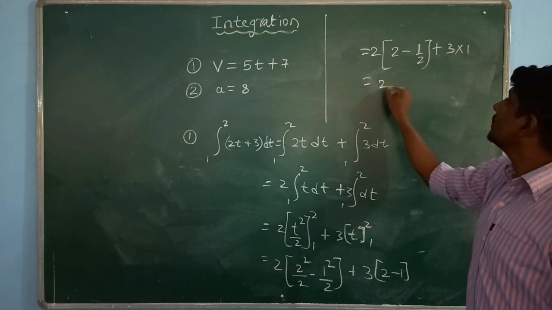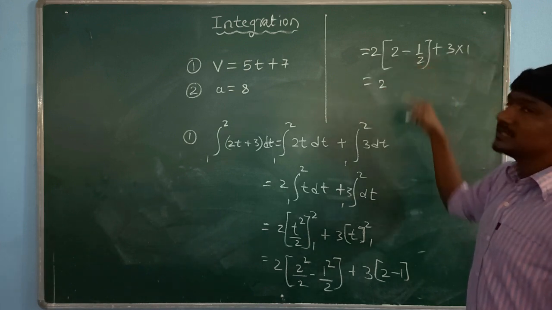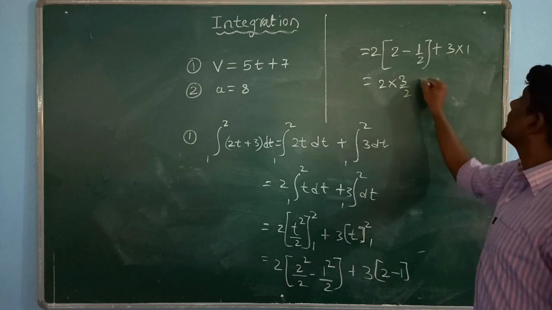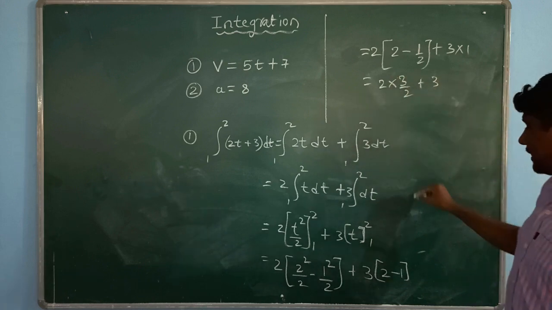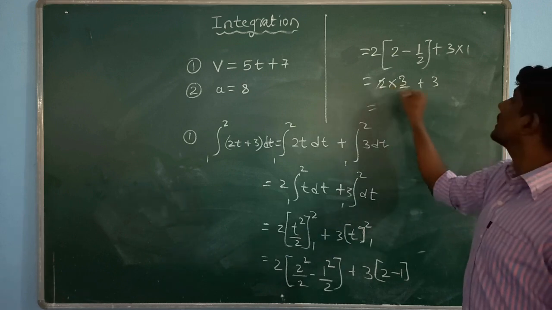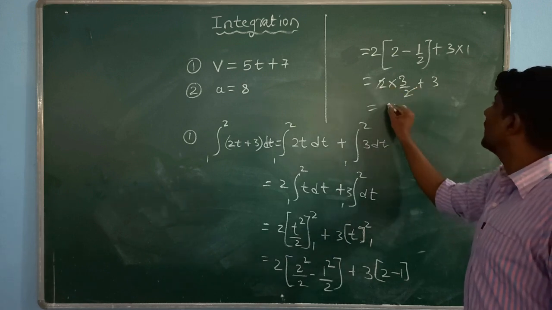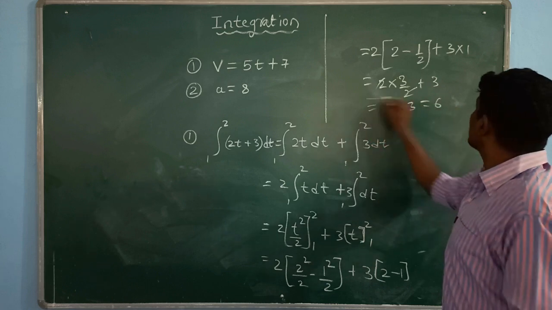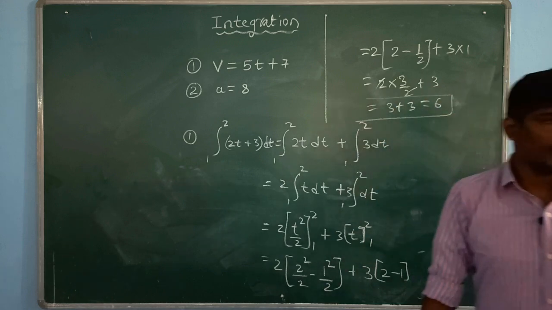So finally 2 minus half means 3 by 2, plus 3, correct. So here you can cancel 2, and what remains? 3 plus 3, that equals 6. This is your answer with definite integrals.